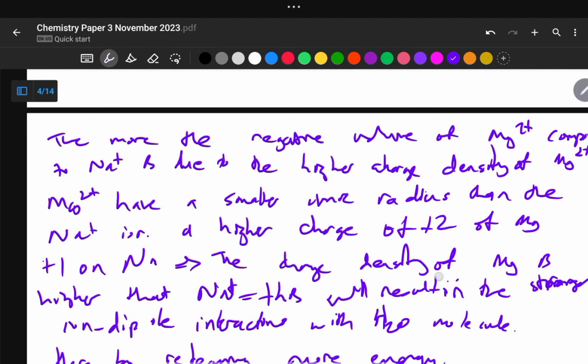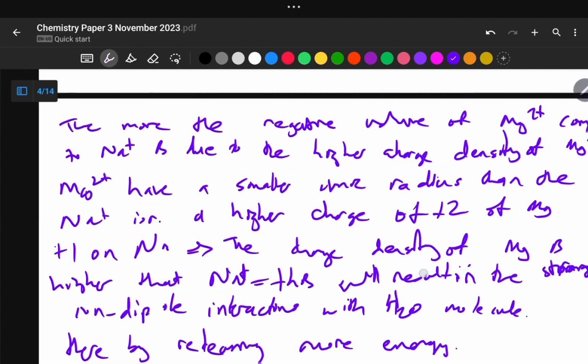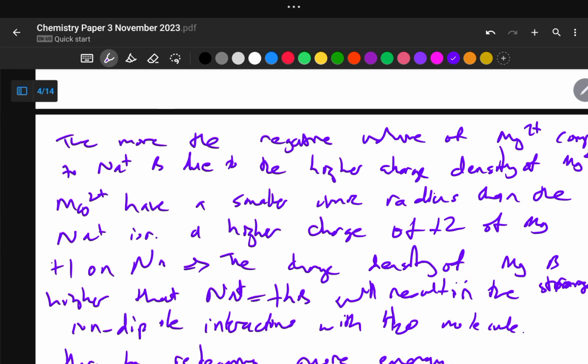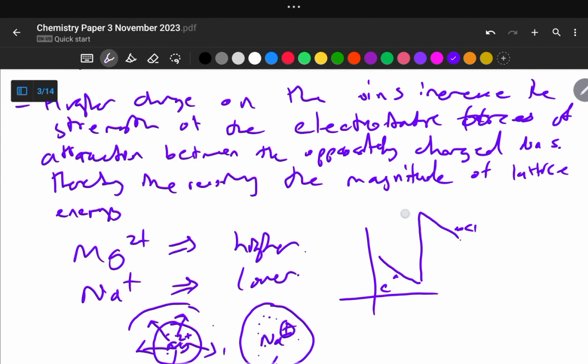So this is the explanation why the enthalpy change of hydration is larger for magnesium than that of sodium, because of charge density ratio, which will then allow the strong ion dipole interaction between the water molecules and the magnesium ion. So I hope this is clear, and we are now moving on to the next part.